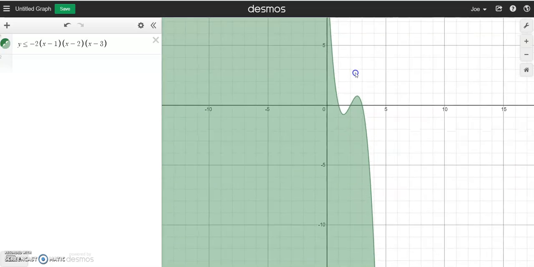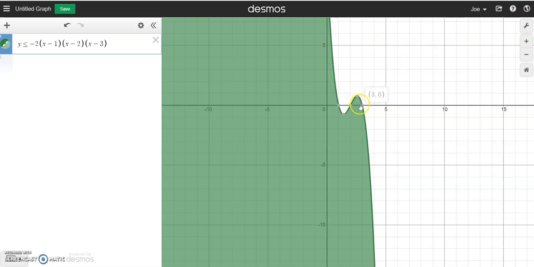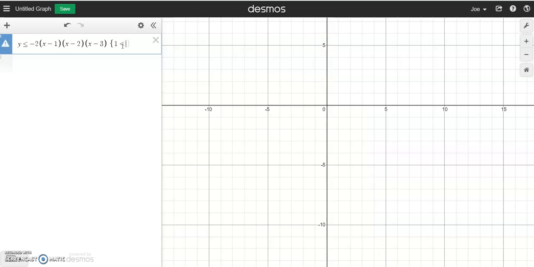Now we can begin to restrict our domain so that only the region between x is 1 and x is 3 is shown. We can do this by writing the condition that 1 is less than or equal to x which is less than or equal to 3.